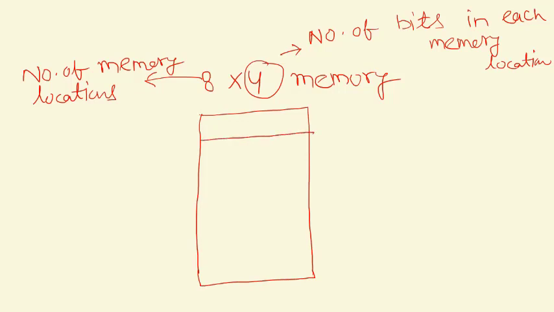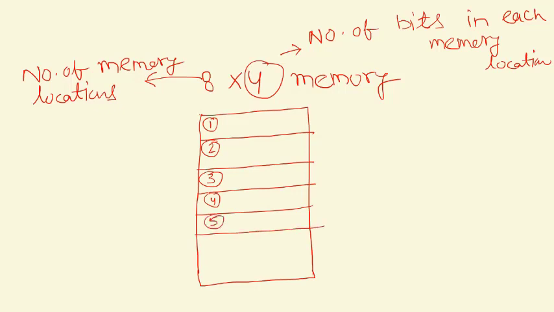This is the 1st memory location, 2nd, 3rd, 4th, 5th, 6th, 7th, and 8th memory location. These are the 8 memory locations, and each memory location has 4 bit data.